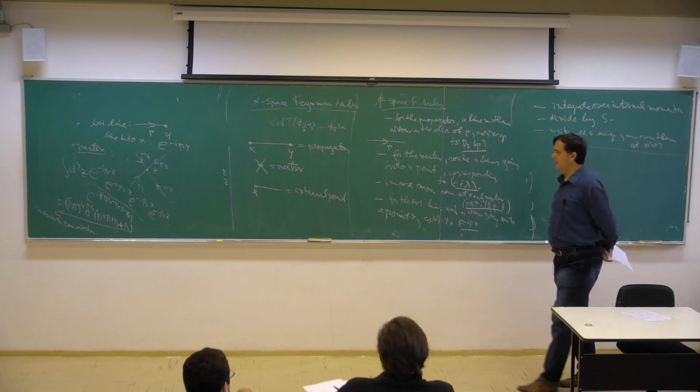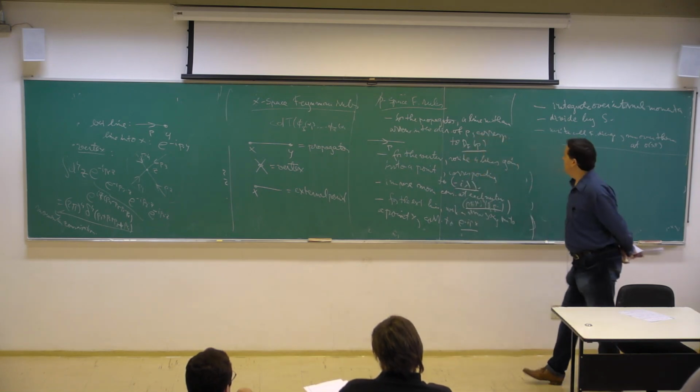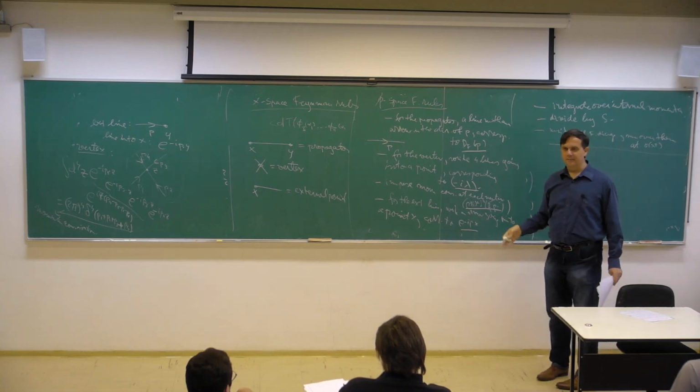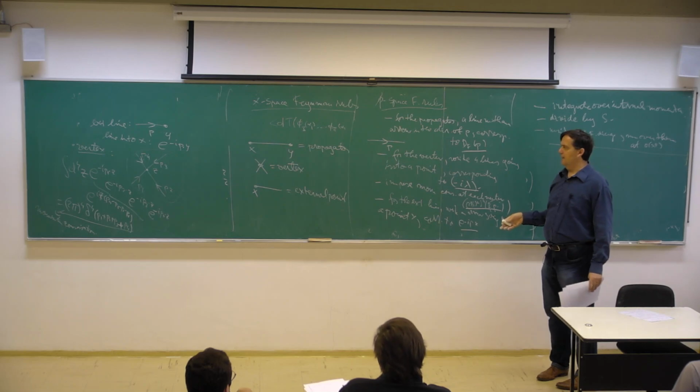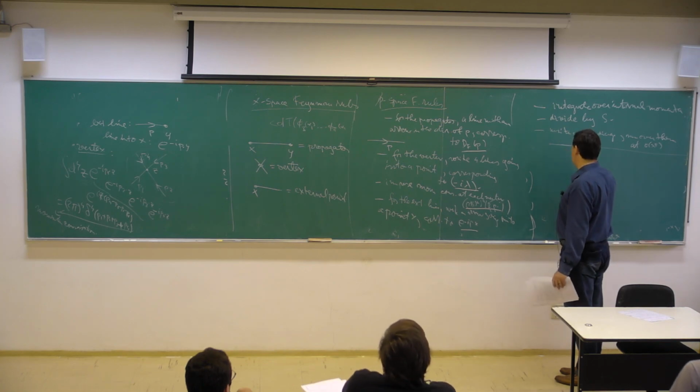But now you might ask, was this natural considering the Feynman theorem? Because a priori it is a different kind of theorem, right? So you might ask yourself, was this a good choice?